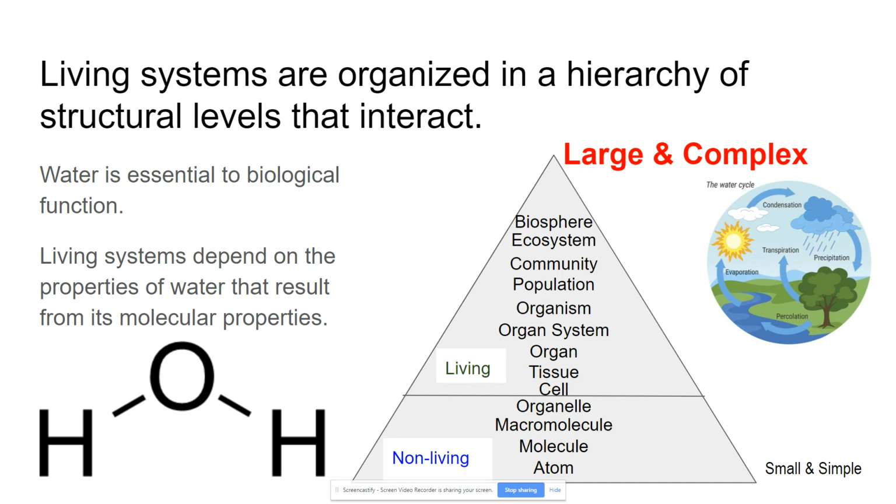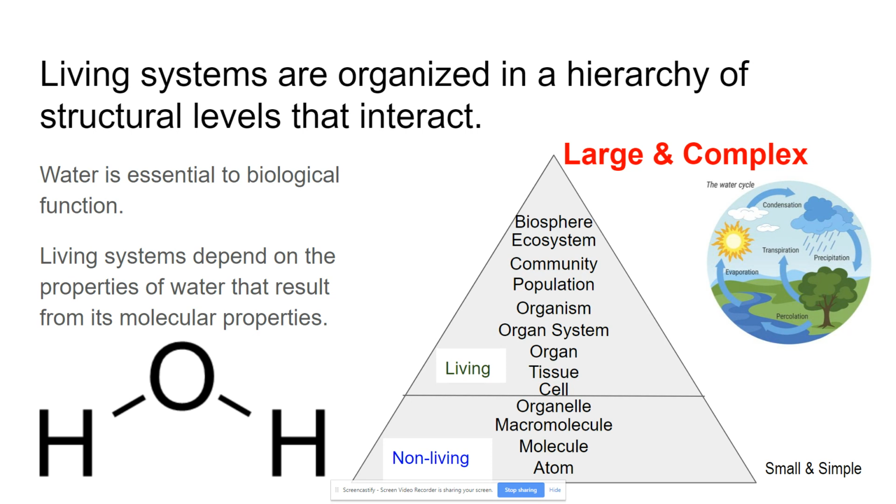Okay. And so what we're going to be focused on today is water, which is a molecule and it's considered non-living, and it is at the base of this hierarchy. But what you also have to understand is that water is essential in all of these levels, not just the molecular level. It's important at an organismal level when you have to think about how a plant transports water.